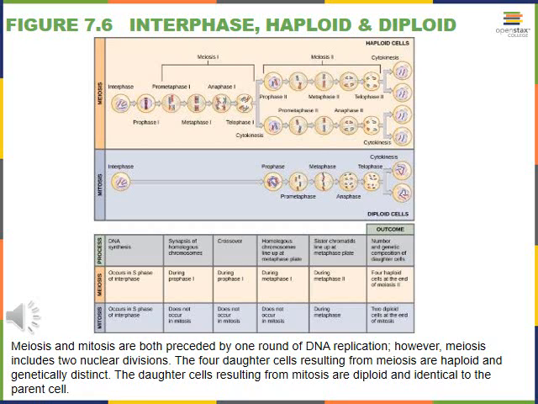If you'll notice, those 4 daughter cells now are haploid. So in the beginning, we start with a diploid cell. It goes all the way through and we end up with diploid daughter cells. Those daughter cells go through meiosis 2 and we end up with 4 haploid cells.